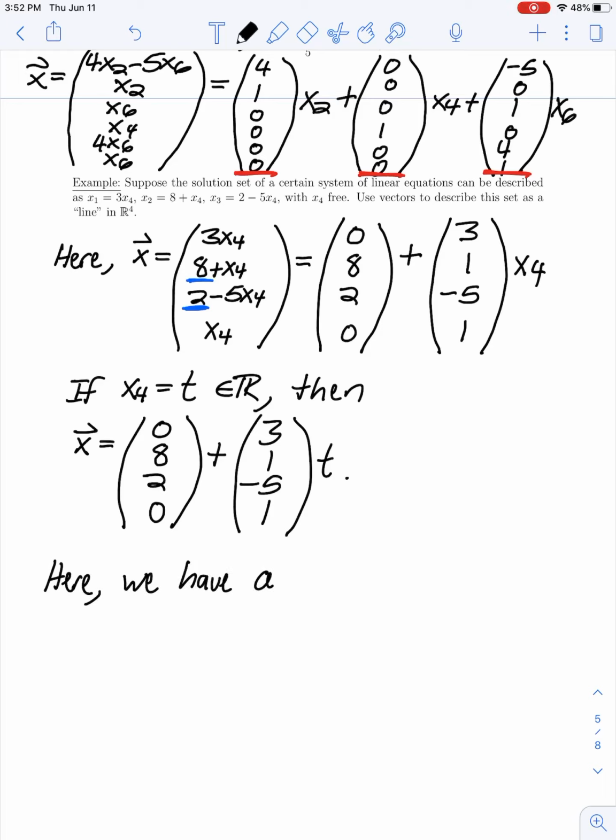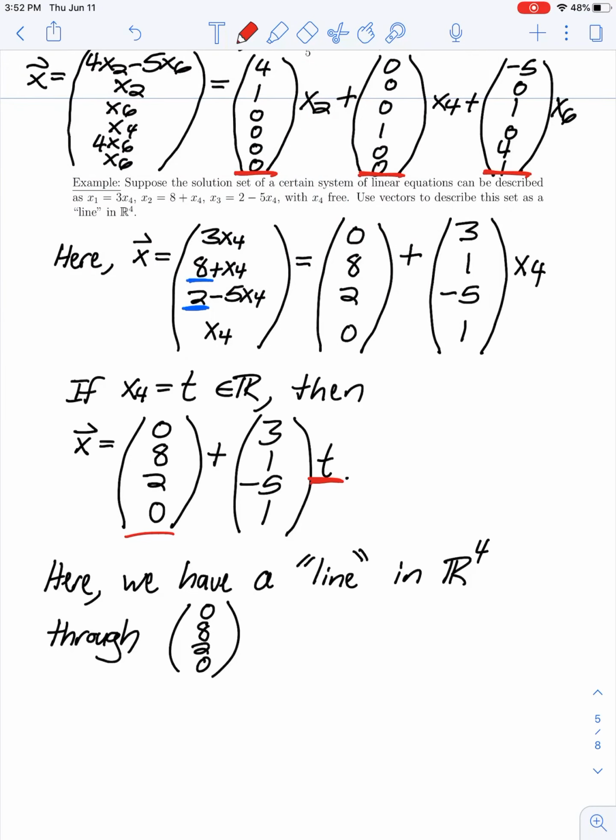So here we have a sort of line. We're using quotations around line since it's not in R2 or R3, but we have a line in 4-dimensional space, R4, which passes through the point 0, 8, 2, 0, because if we chose t equal to 0, we would have x equal to this point.